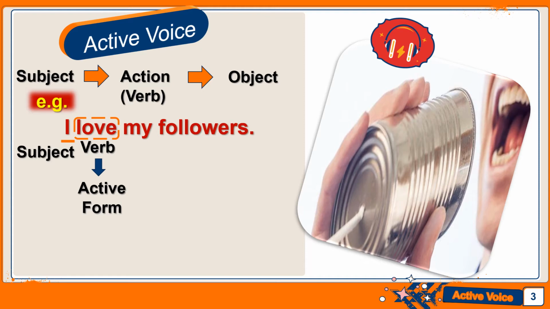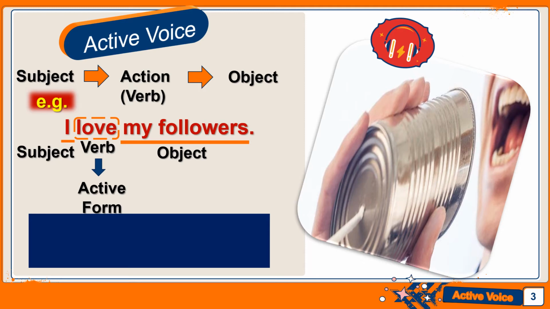And this is the verb of the sentence. Remember, the verb is in active form. And in active voice sentences, the verb will always be in its active form. Followed by the object. My followers are receiving my love. So they are the object over here. So subject plus verb plus object gives us what? It gives us a sentence in active voice.